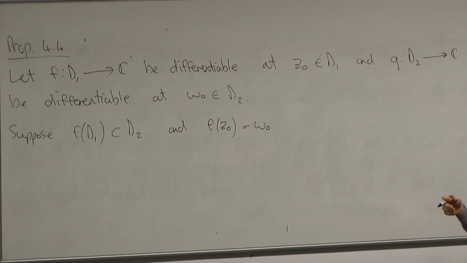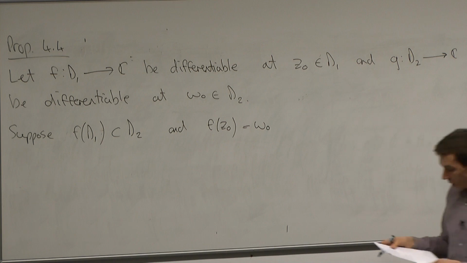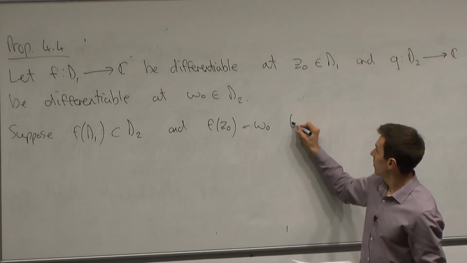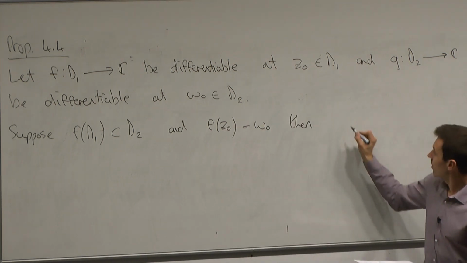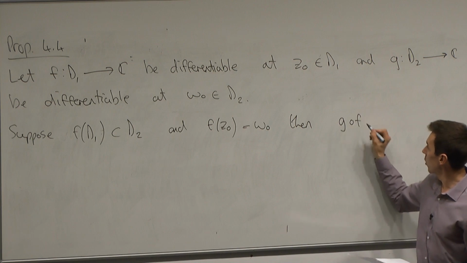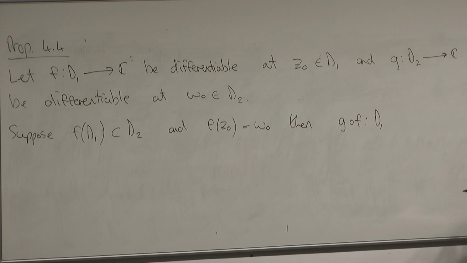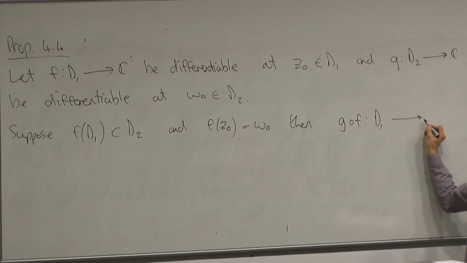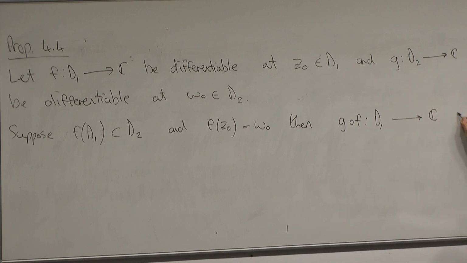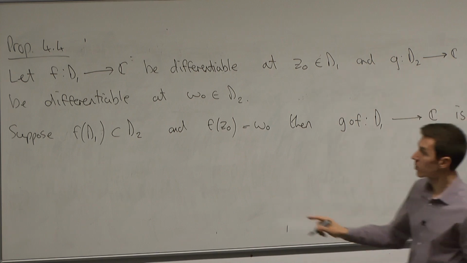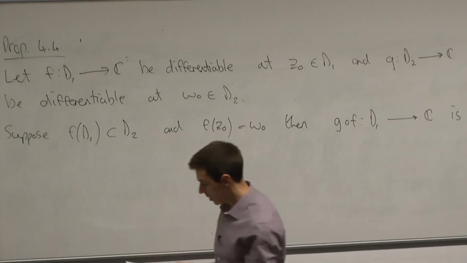So remember the chain rule is differentiating the composition, yeah? Right, so then the composition g∘f, so this will go from D1 and then to D2 and then to C, yeah? This is differentiable so long as we've got these conditions.